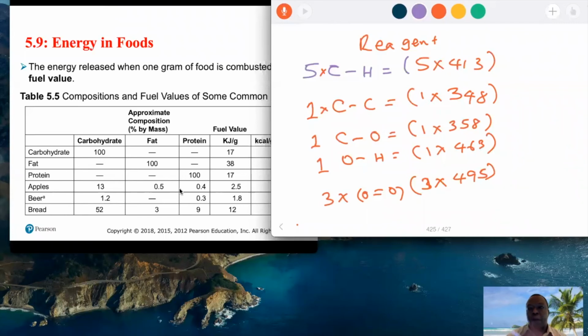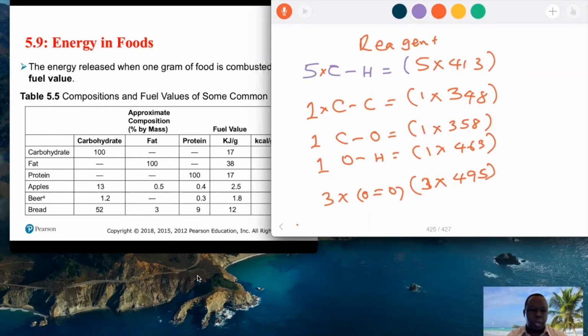So these are the reagents, right? So 5 times 413 plus 3 times 348. Plus 348, 358, plus 463.